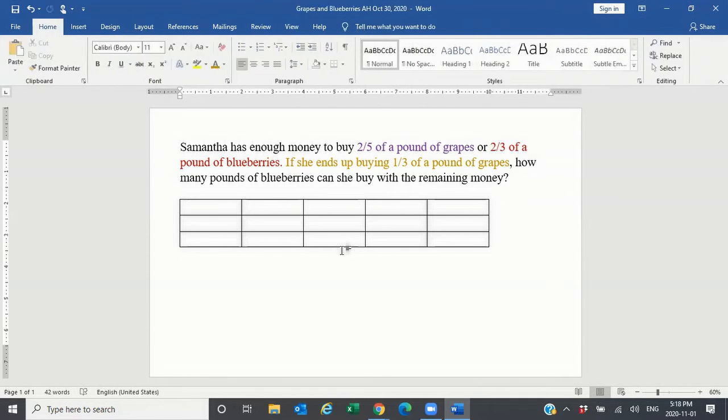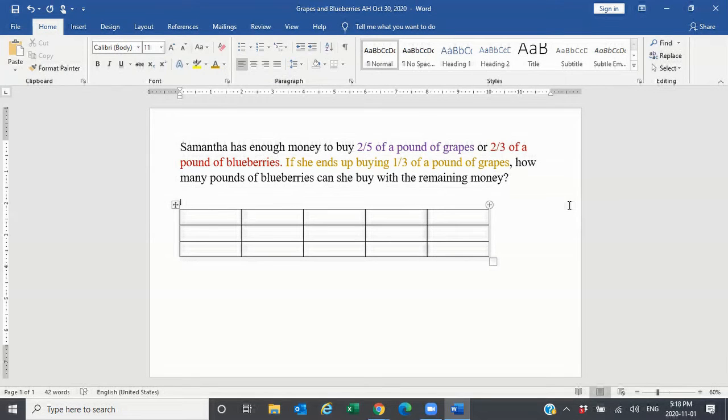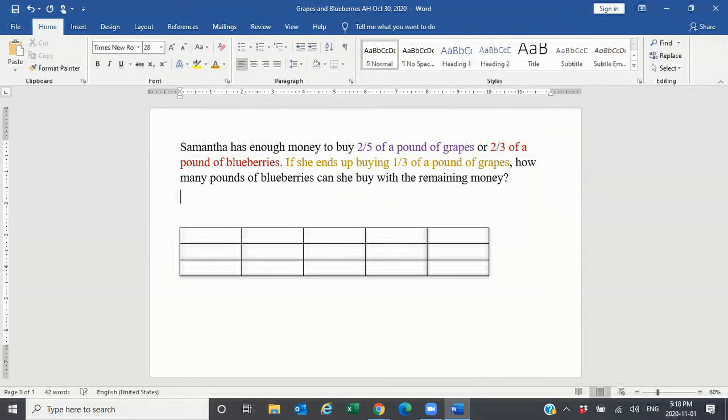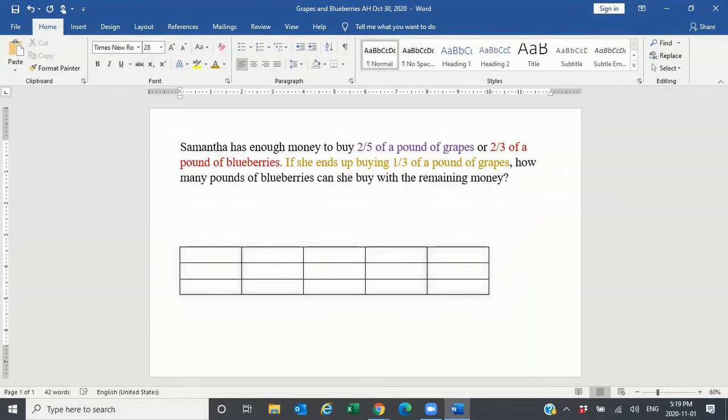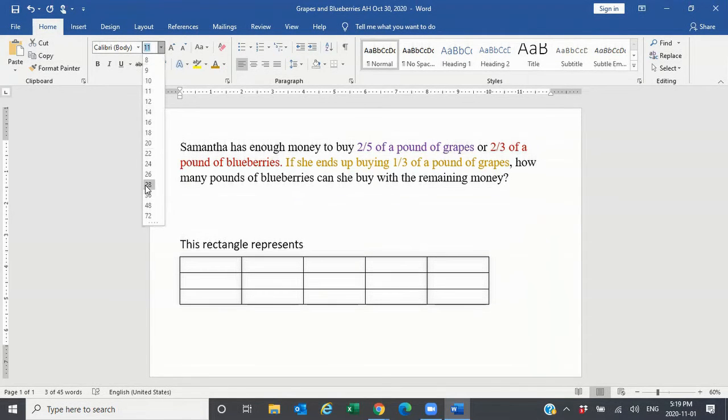There we go. That's good. All right, now, all right, this rectangle represents, that's way too small to read, so I'll fix that in just a second.